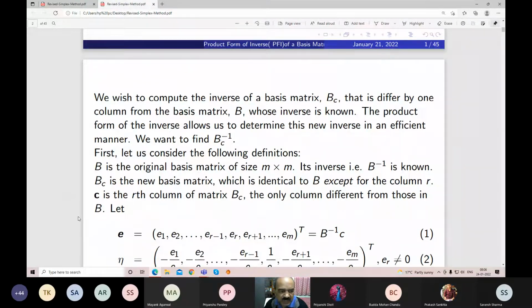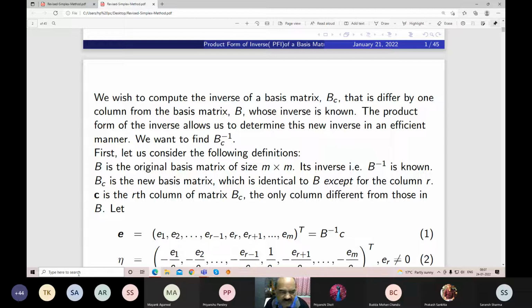So in the basis matrix B, there are m number of columns. One of the columns we are changing with a new column. The reason is, in the simplex method, when you start the computation, in the initial table, this basis matrix is an identity matrix.